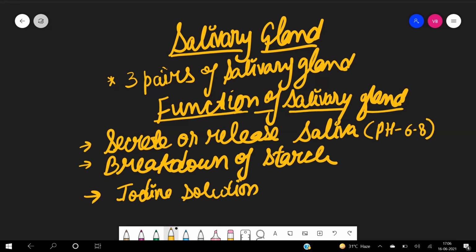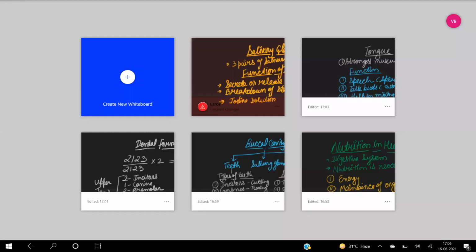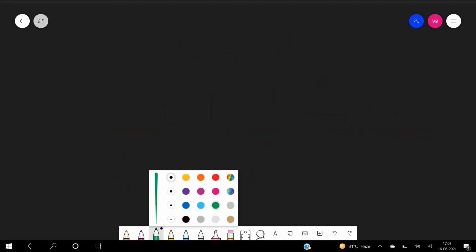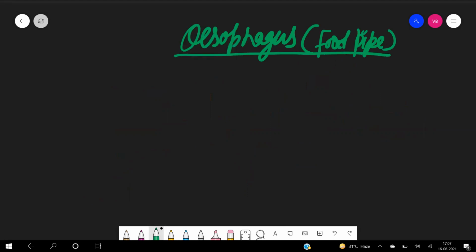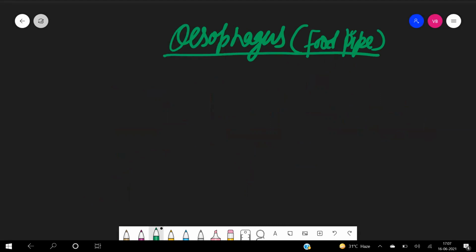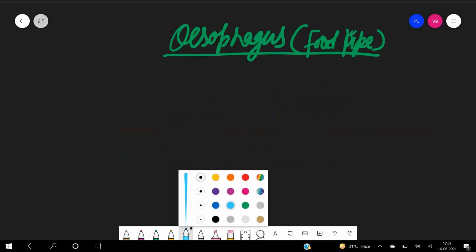Now, the next organ which is a part of your digestive system is the esophagus. As I told you when you were small, the teacher was telling you, the food pipe. So what is its function?